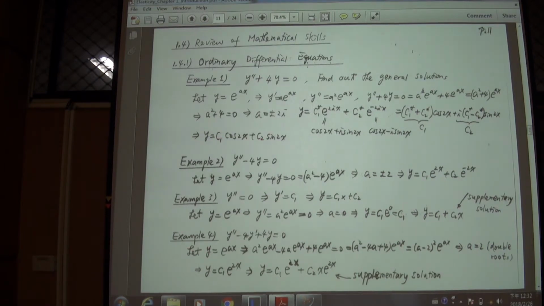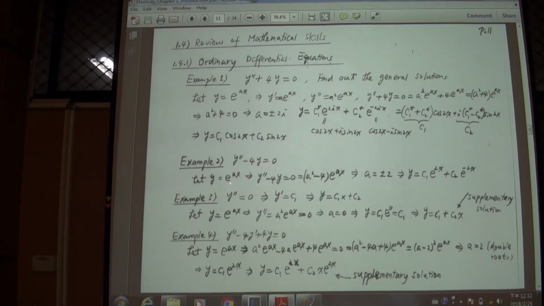Now let us look at example 2. It is similar to example 1. In example 1 we have y double prime plus 4y equals 0. Now we have y double prime minus 4y equals 0.